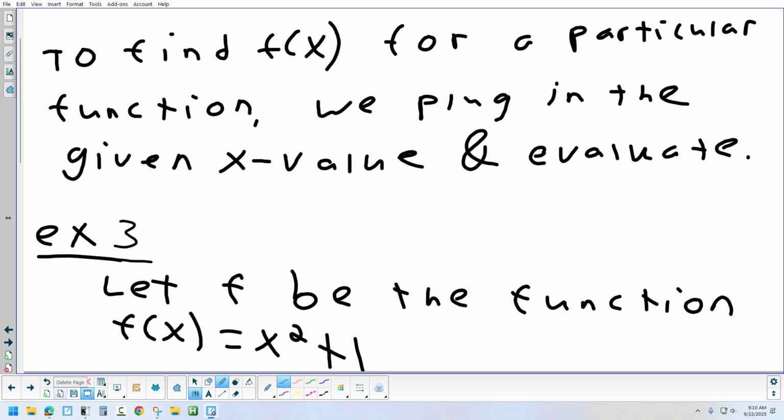So in this case, the formula I'm going to give you is x squared plus 1. Right, so that's the formula, and I'm going to give you some different things to plug in, to substitute in for an x. And I just want you to tell me what the answer would come out to.